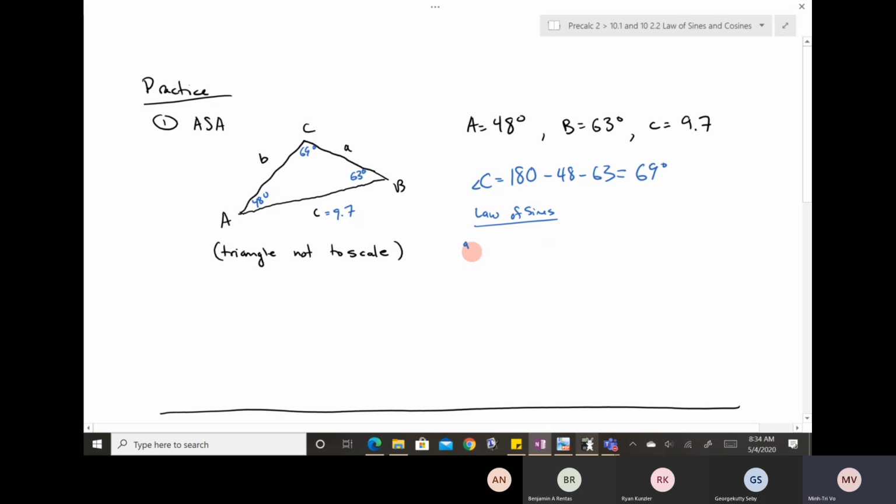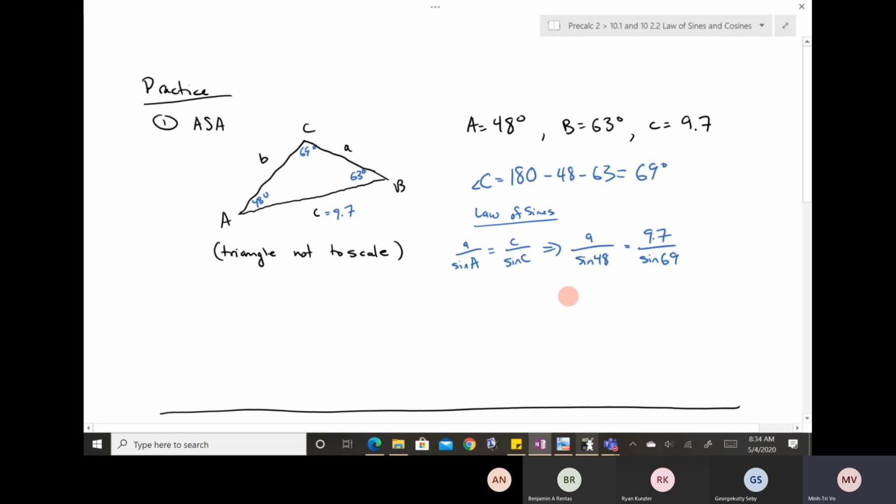So say if I want to figure out A, I should relate it to C. So plugging in the information, what do we get? So A over sine 48 is equal to 9.7 over sine 69.